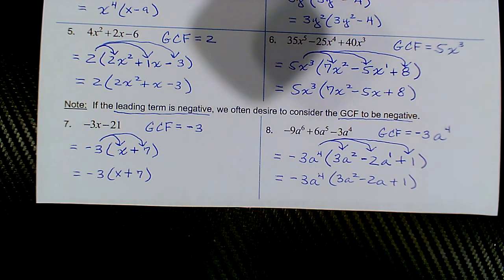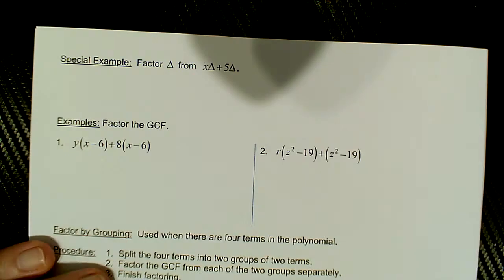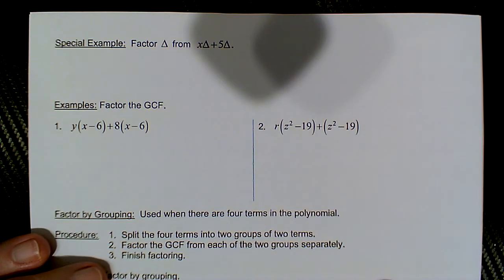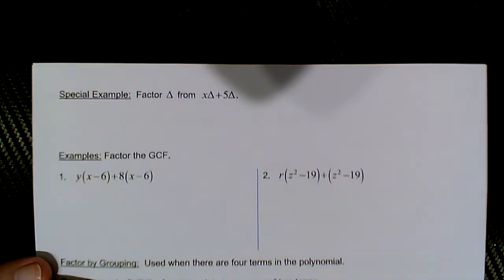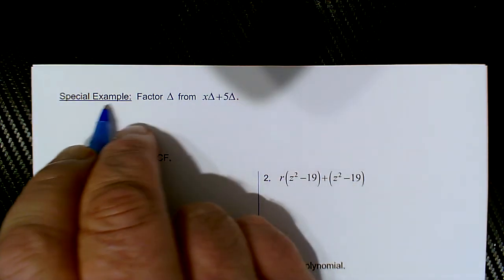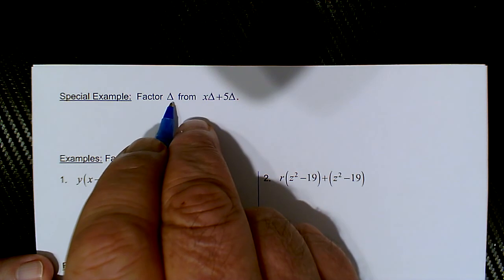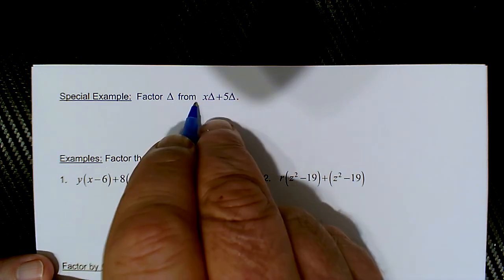Okay, so one more concept, and that's the end of this lesson. And this concept's kind of interesting. It's going to lead to how we can factor some really special polynomials. But here's an idea, just a special example, kind of abstract: what if I wanted to factor a triangle from x triangle plus 5 triangle?